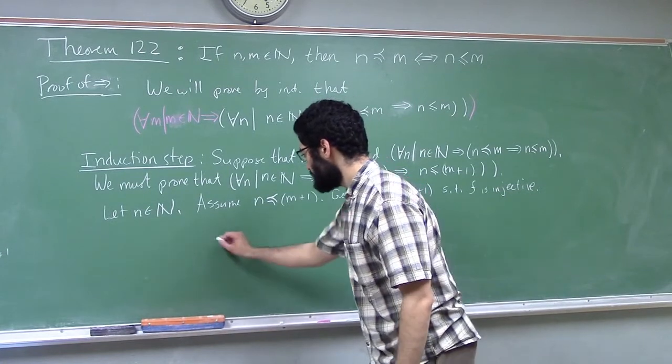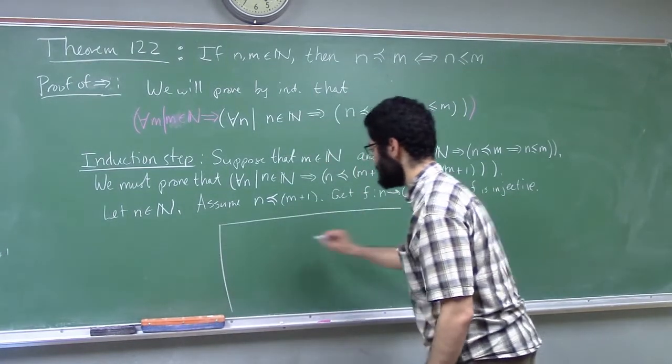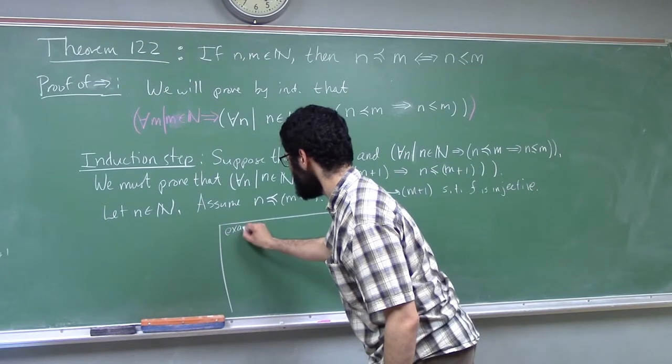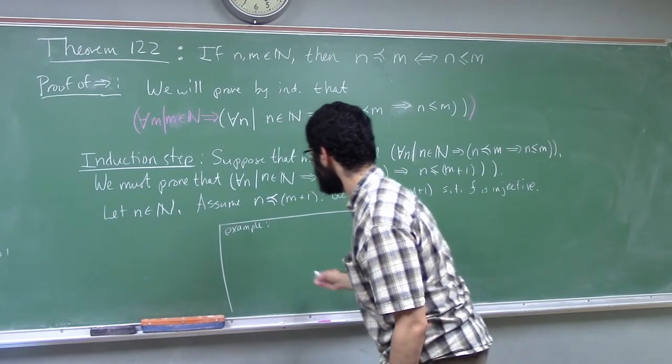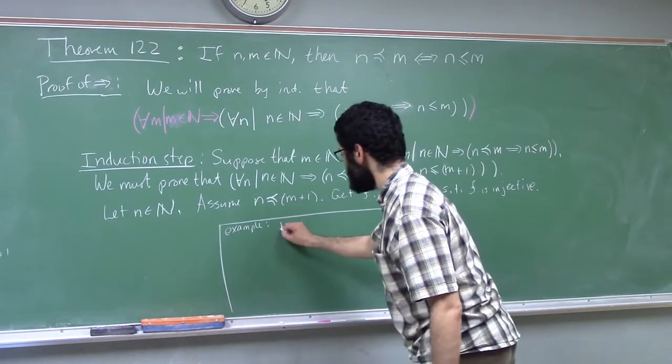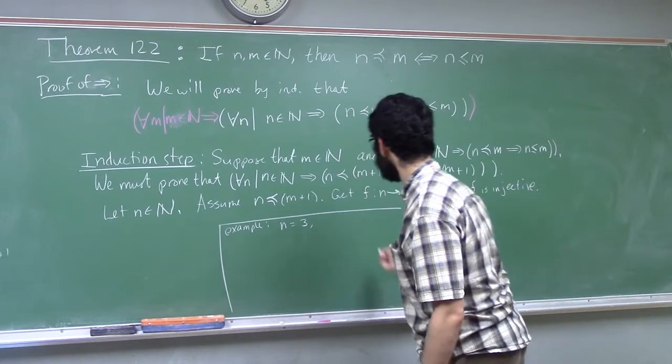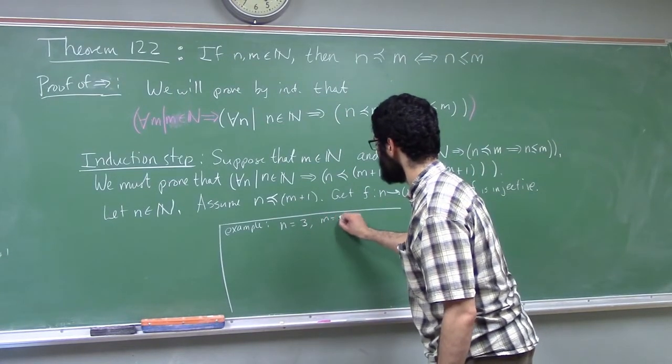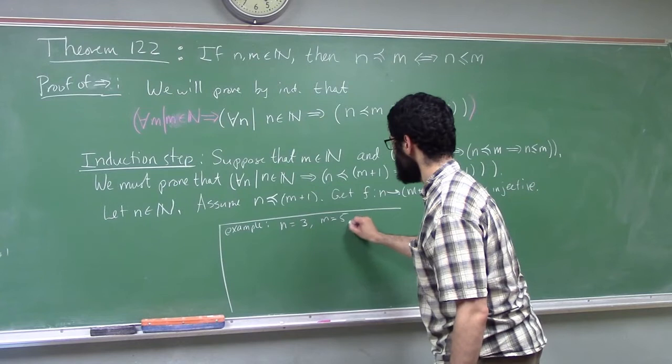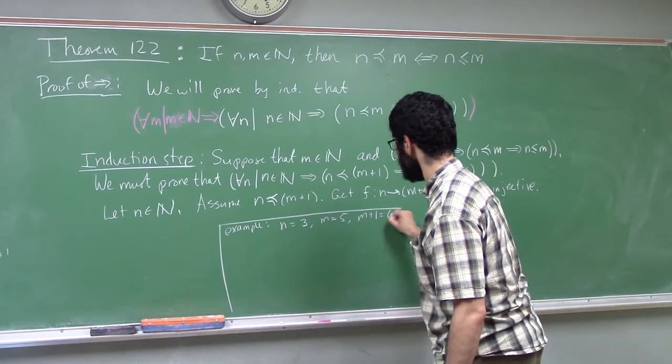Let's say, so example box, an example situation that we could be in right now is maybe n is 3 and m is 5. Then that means m plus 1 is 6.